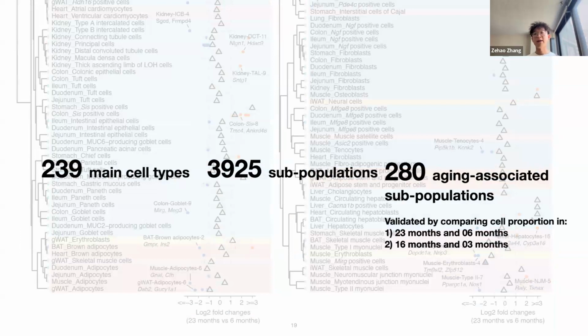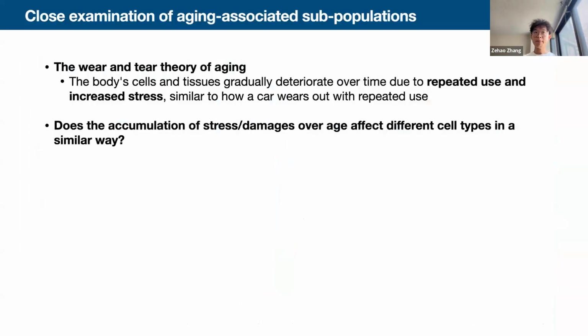By comparing the different time points, we pinpoint about 280 aging-associated subpopulations. In the following slides, I'm going to focus on those aging-associated subpopulations, and we ask how aging affects those cells.